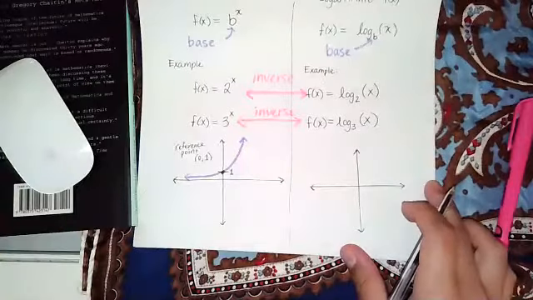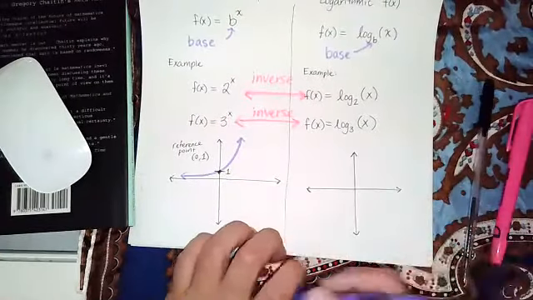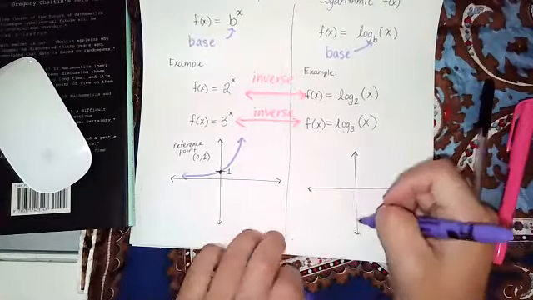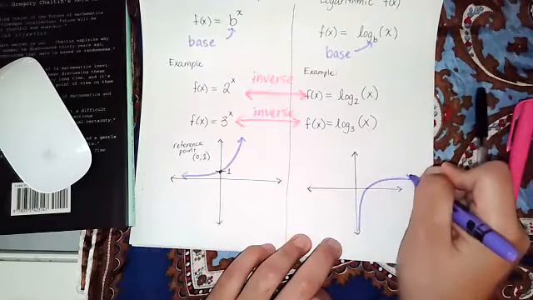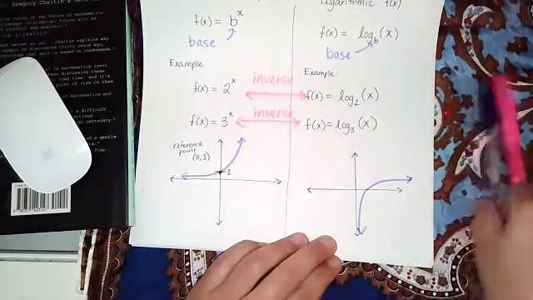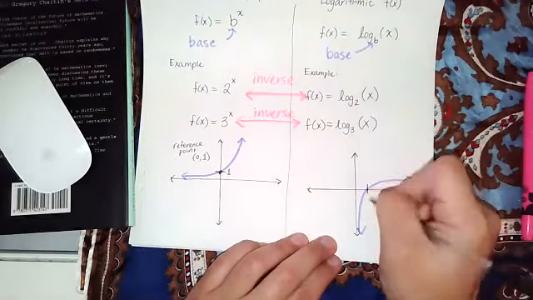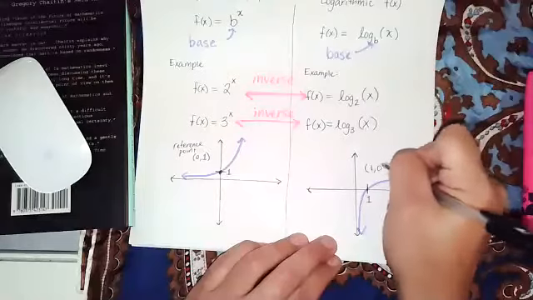And here we'll notice that the graph for logarithms looks something like this, where now our reference point right here is at the location 1, 0.